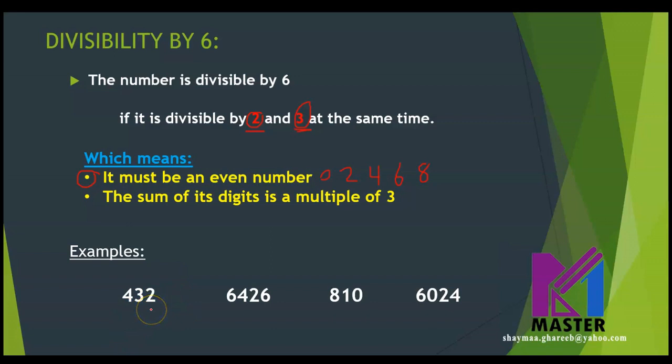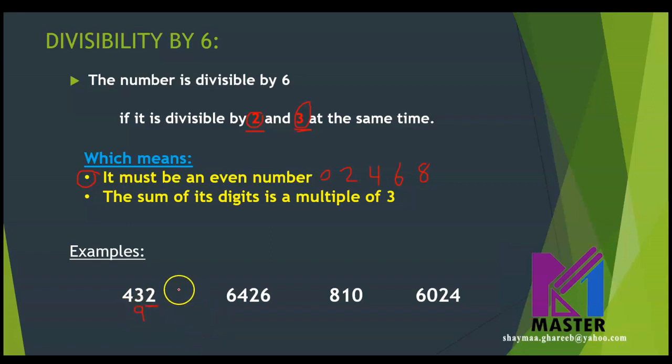Look at this number. First of all, is it an even number or an odd number? It's an even number. Then it's divisible by 2 because it ends with 2, as you can see. Second condition, the sum of the digits must be a multiple of 3. Let's check the sum of the digits. 4 plus 3, 7, plus 2, 9. Is 9 a multiple of 3?